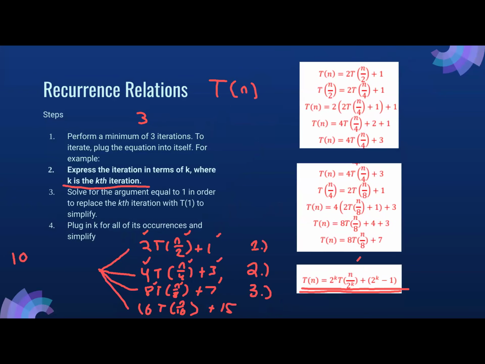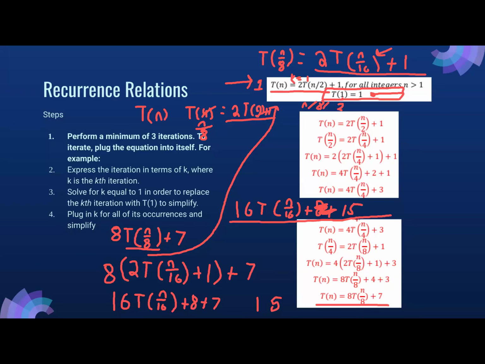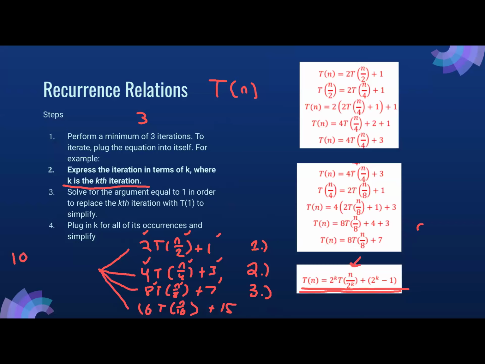Well, what if we make this the base case? We know the base case of T of 1. So let's make n over 2 to the k equal 1. And if we can do that, we can solve for k for some arbitrary value with some algebra, right? And then we can plug that in for every instance of k, except for this one, right?